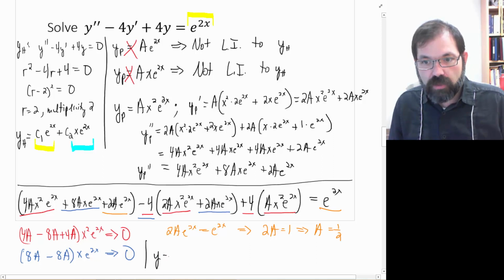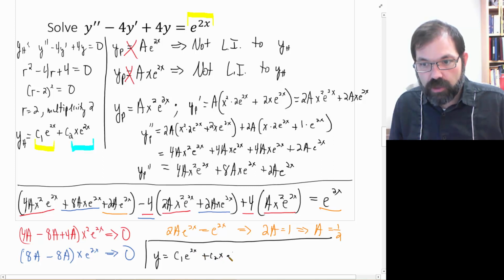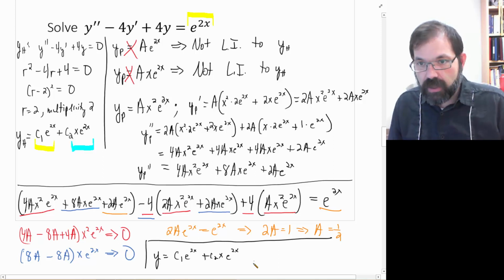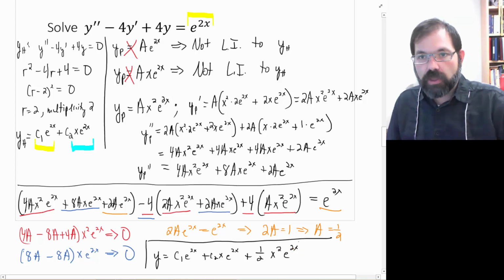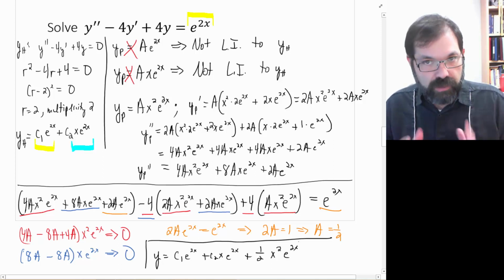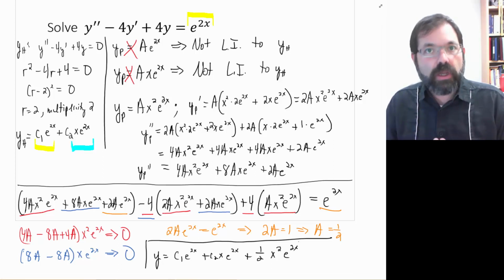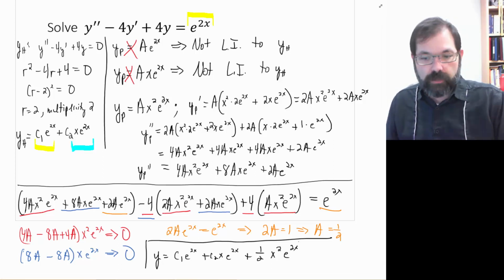So then y is equal to y sub h, c1 e to the 2x plus c2x e to the 2x, and then plus the y sub p, which is then 1/2 x squared e to the 2x. So we have to be careful about, we still need linear independence of solutions. So we still have to be aware of that.